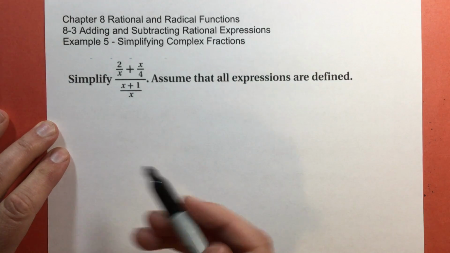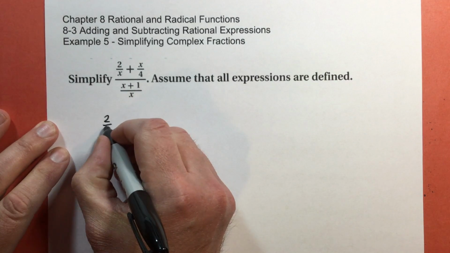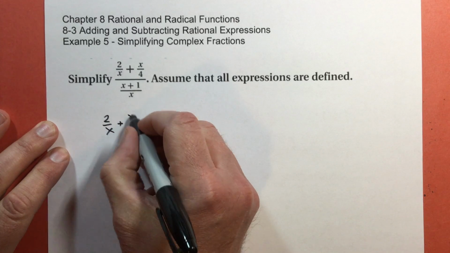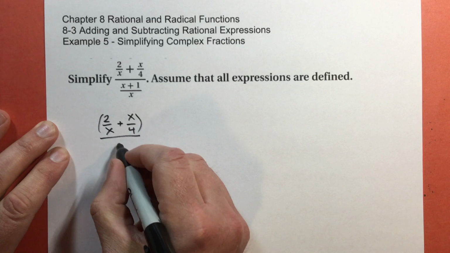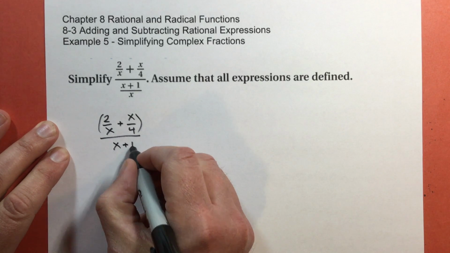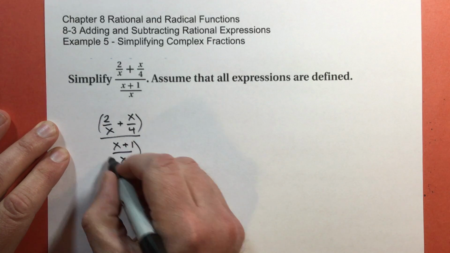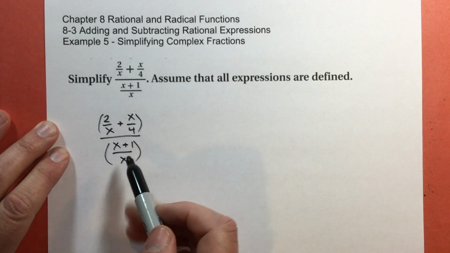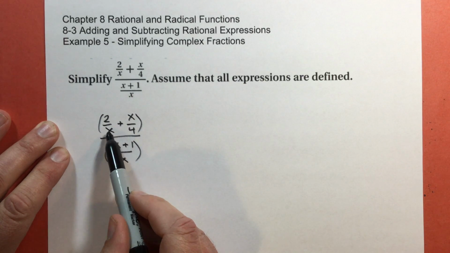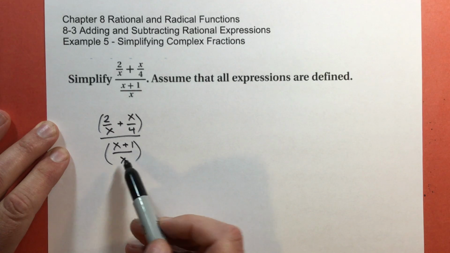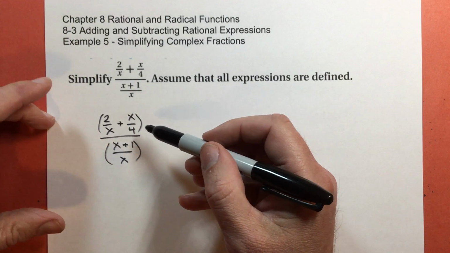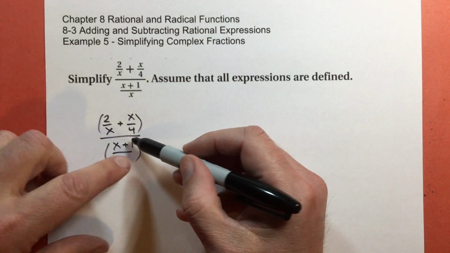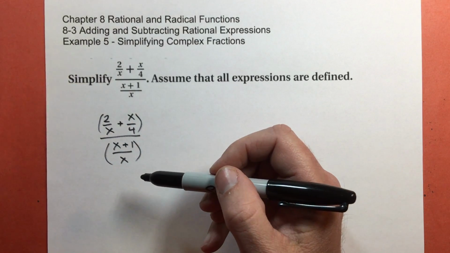I'm going to multiply the top and the bottom by the same number, and that's going to eliminate the denominators in the smaller fractions. I'm not going to eliminate the entire denominator.